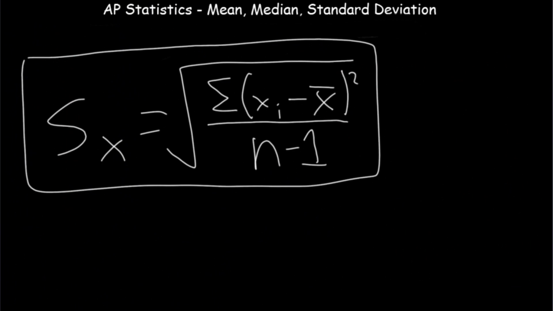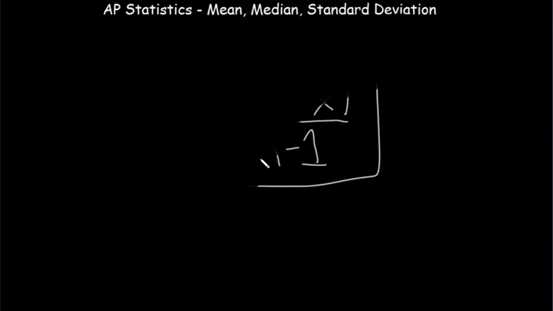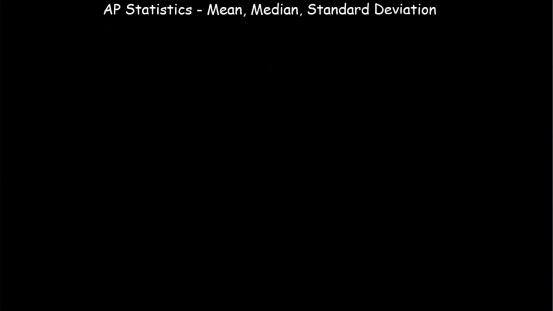Okay, so let's use an actual question to implement this formula. Okay, let me go ahead and type this in. So let's say we have this distribution, this piece of data.